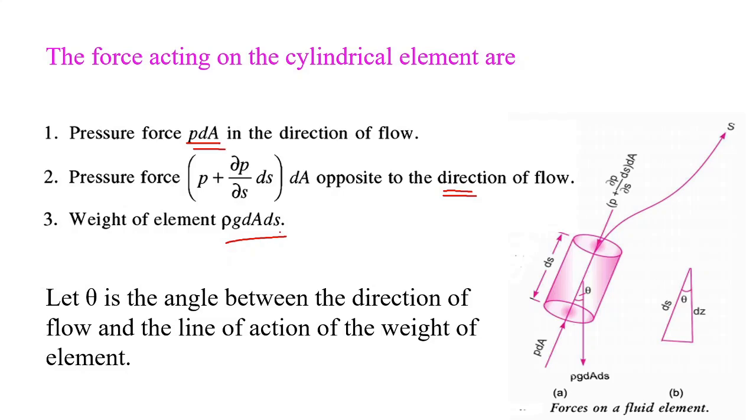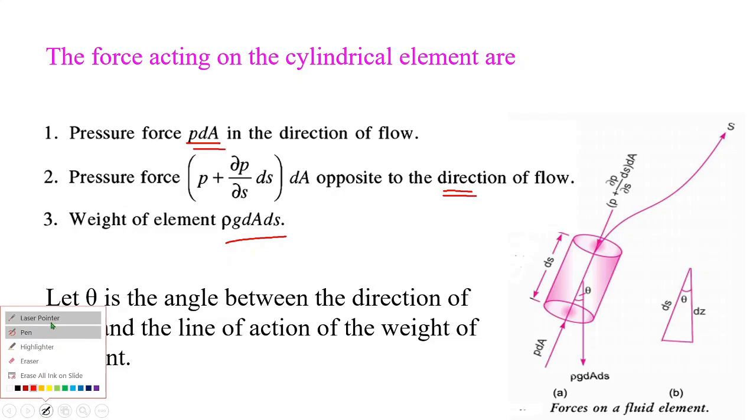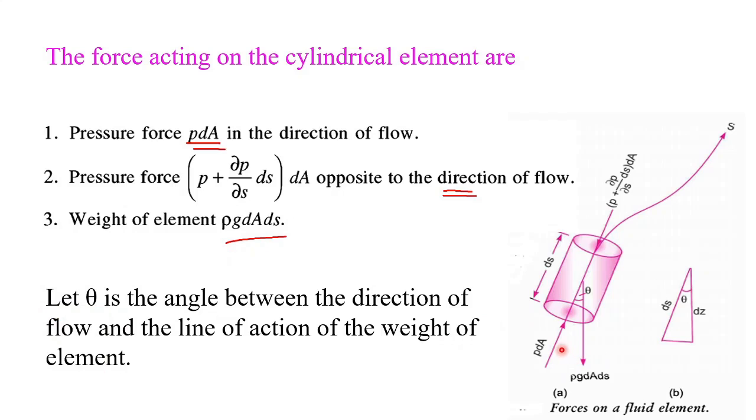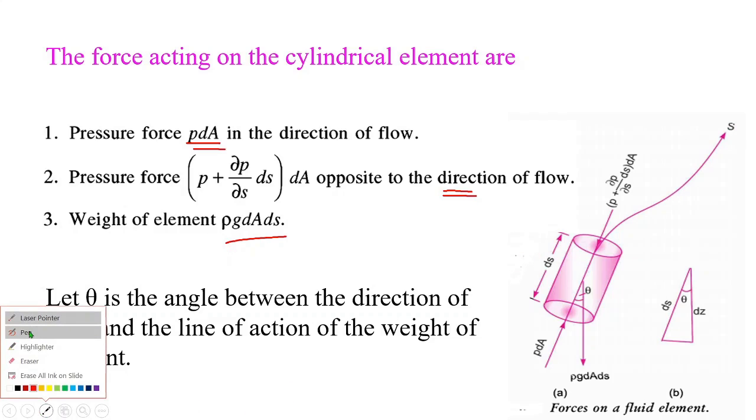Now what we have to do is take the resultant force on the fluid element in the direction of flow, that is, in the direction of S. The resultant should be equal to mass into acceleration, as Newton's second law tells us.